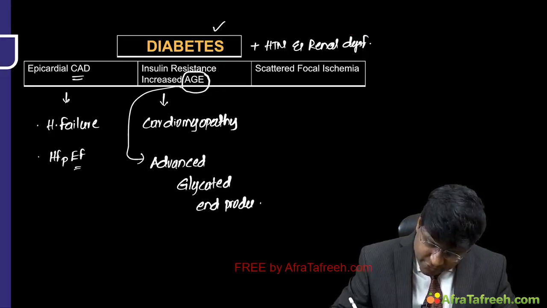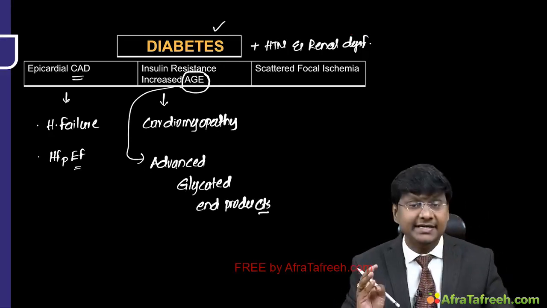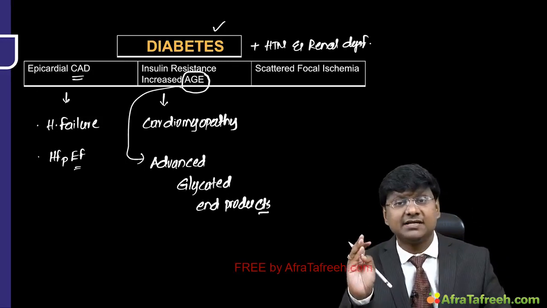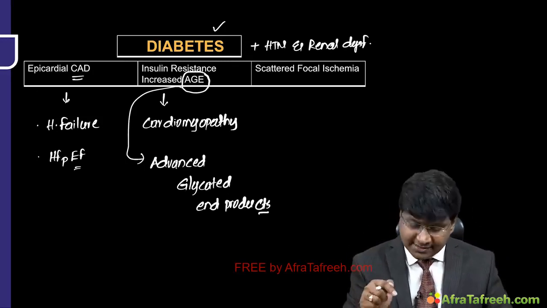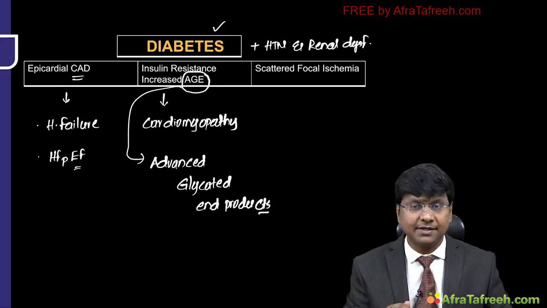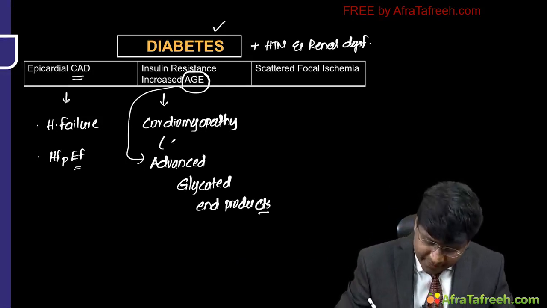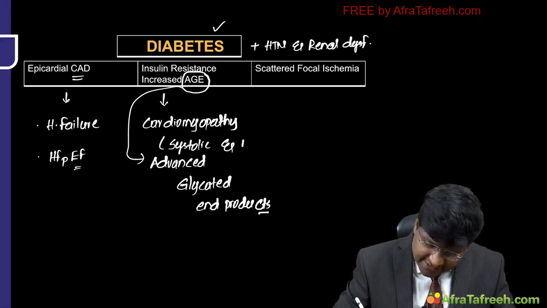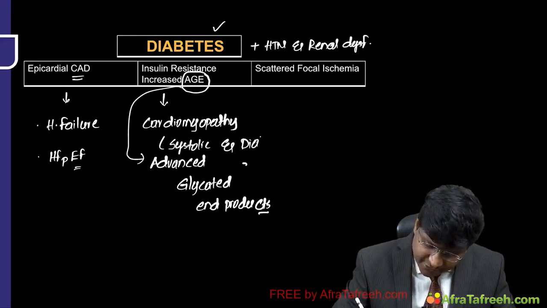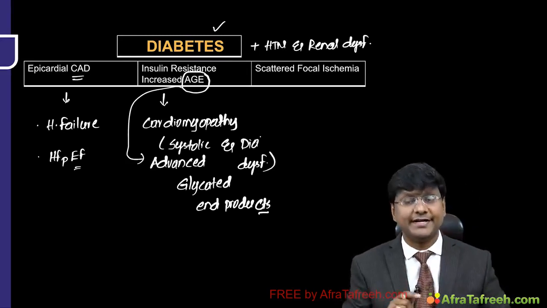So, because of insulin resistance and increased AGE, that is advanced glycosylation end products, the individual will develop cardiomyopathy. So here, in this cardiomyopathy, there will be both systolic and diastolic dysfunction.